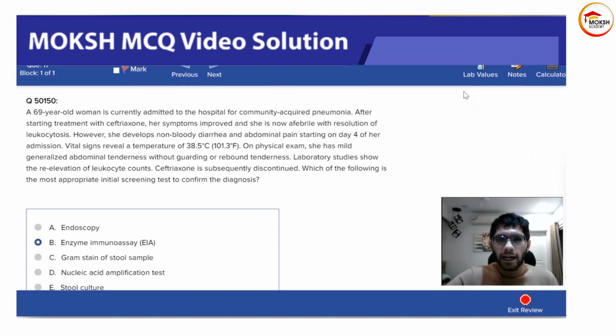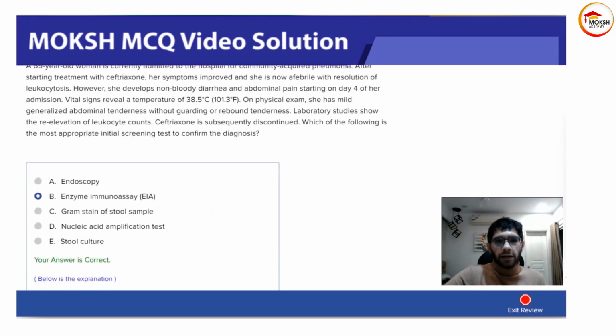It can also be NAT. NAT will not be the wrong answer, but we usually use enzyme immunoassay, which is for the toxin, because the toxin will 100% be there, whereas the bacteria will also be there, but isolating the bacteria and then performing a NAT would be a cumbersome business.